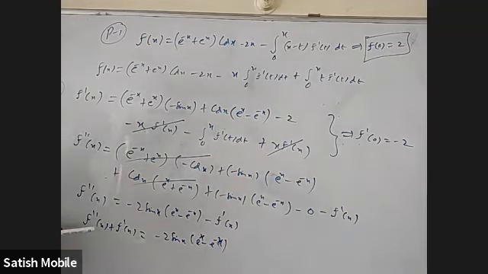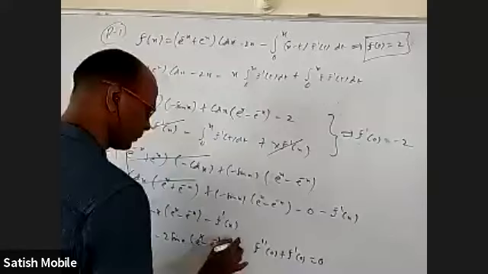Okay, they even asked in the second question f'(0) plus f''(0). So here if I put 0, we'll directly get 0, right? So I think second question is covered here. From this, if I put 0, f'(0) is equal to 0.